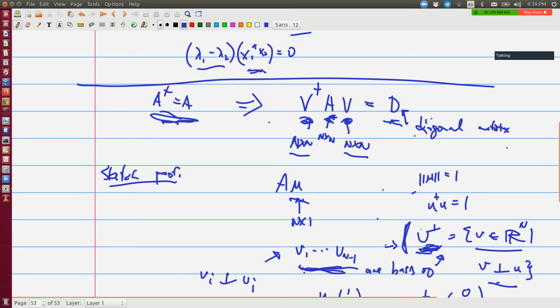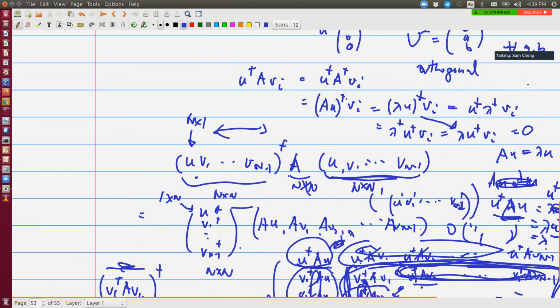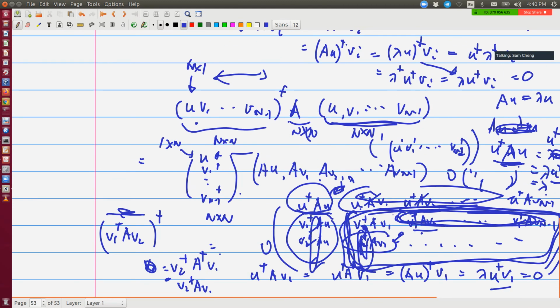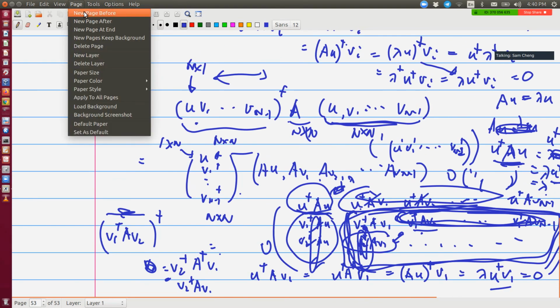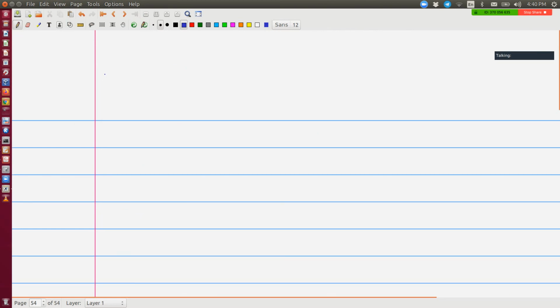By the way, another remark: we see that we can use eigenvectors to diagonalize the Hermitian matrix here.